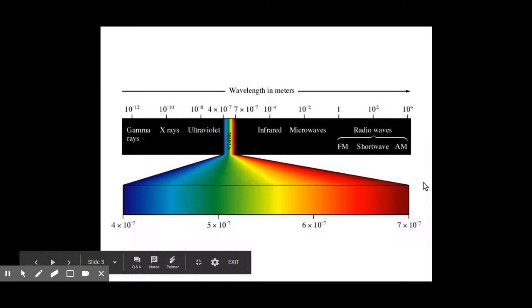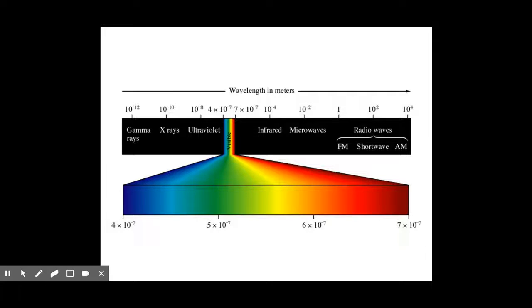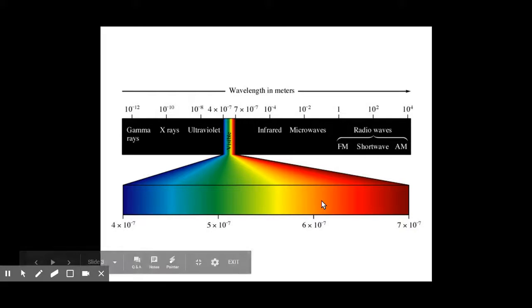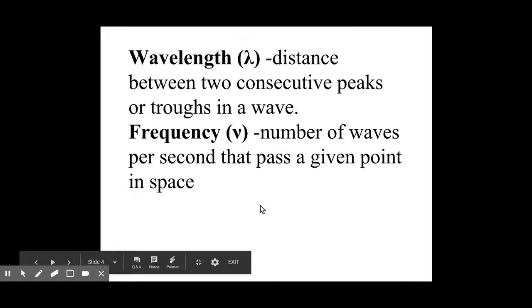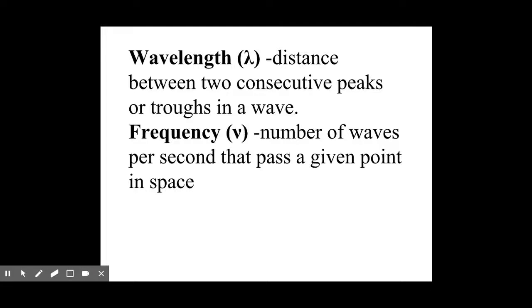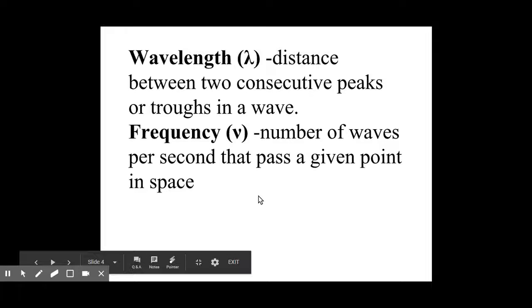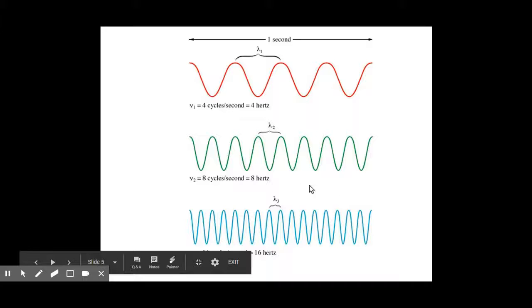When you think of electromagnetic radiation, I want you to think of light radiation. Electromagnetic is light. Light can be defined by two variables that are indirectly related to each other: the wavelength and the frequency. Wavelength is the distance between the peaks, and the frequency is how often that occurs.